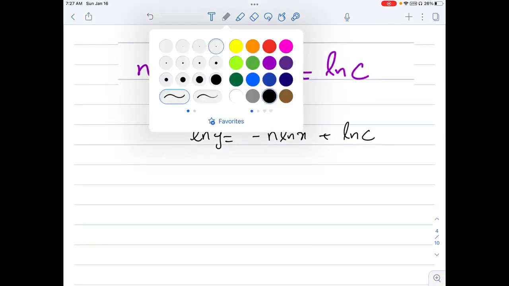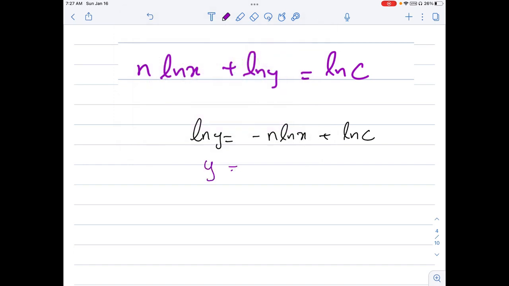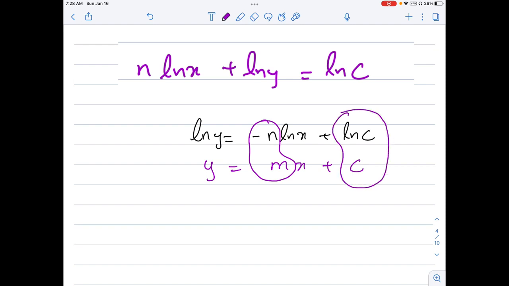So you can see that when I compare this equation with the form y is equal to mx plus c, the slope is going to be negative n and the constant is going to be ln c.